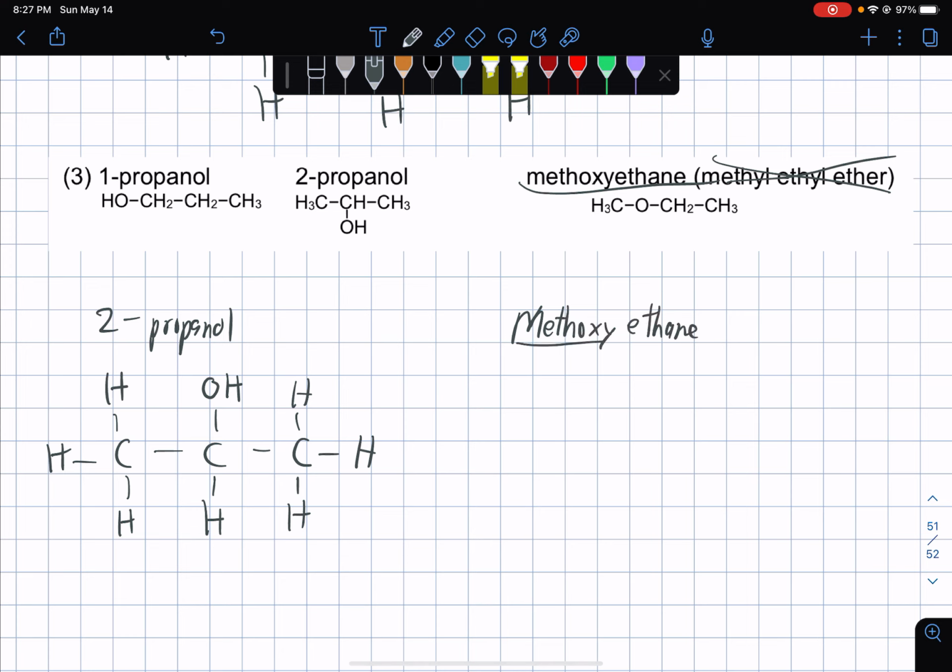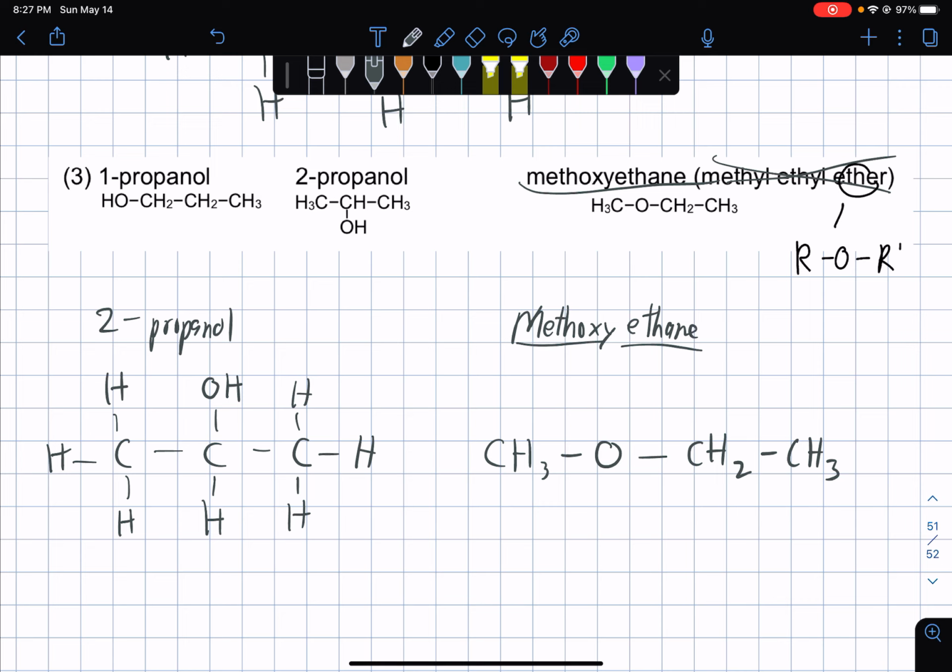So the prefix is meth and then the suffix is ethane. That means we have CH3 at the left side and then separated with O. We all know that for ether, the template is ROR. So I hope you can visualize it in the context of this example. This is the O, and then this is the R, and the other R is this region.